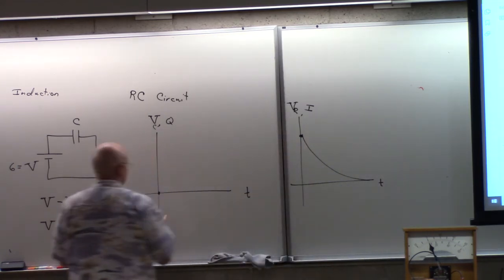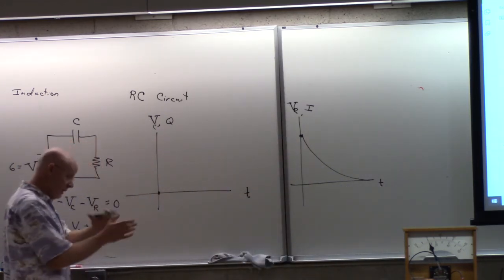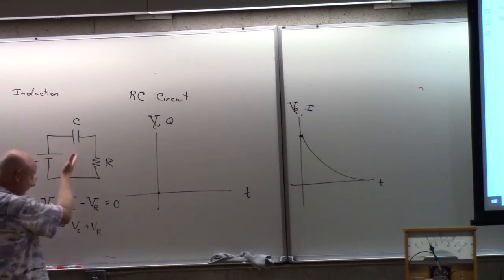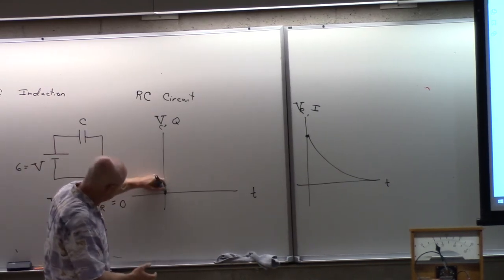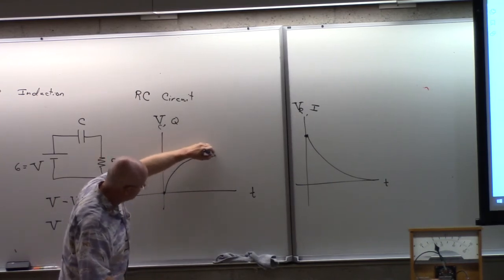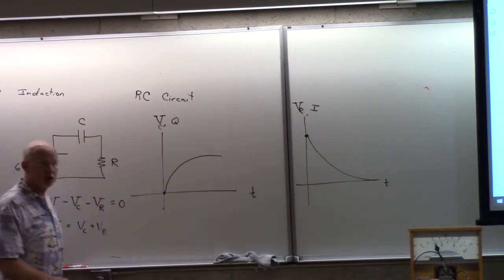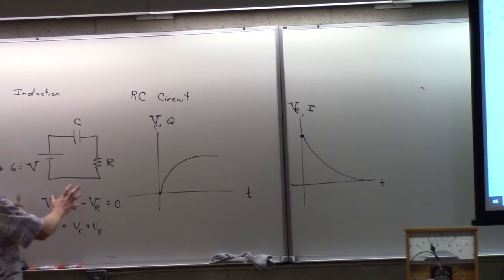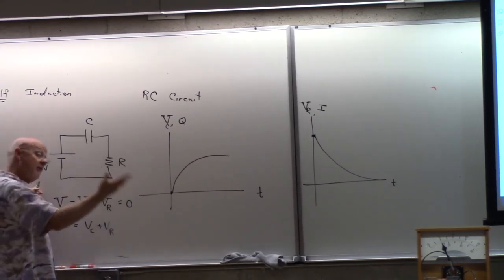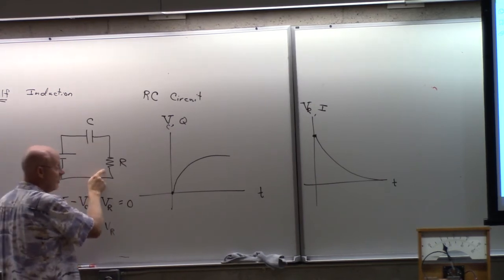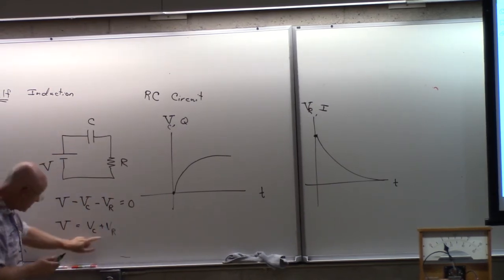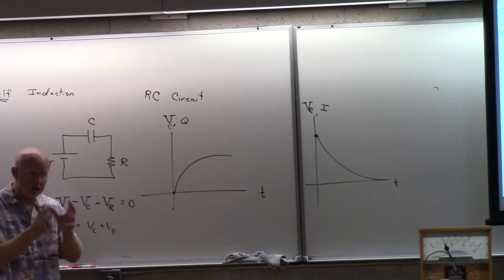And the same thing would be true in reverse for the capacitor, because the capacitor would start with no charge and then it would build up charge until it got fully charged. And so as the amount of voltage increases on the capacitor, the amount on the resistor decreases, because these two add up to a total of 6 all the time.